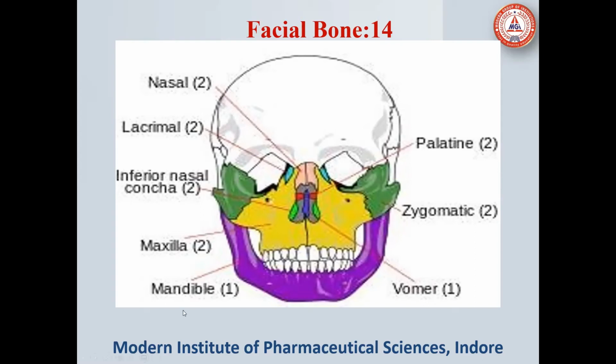The next bone is the mandible. This is the lower jaw, the only movable bone of the skull. It originates as two parts that unite at the midline.